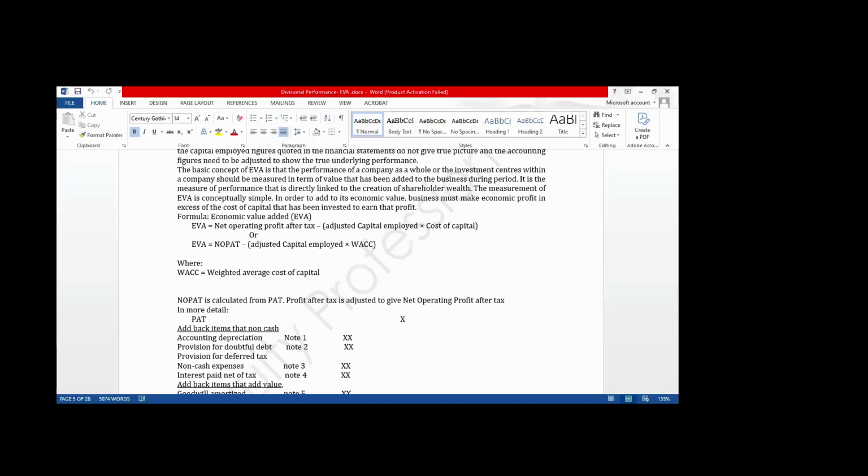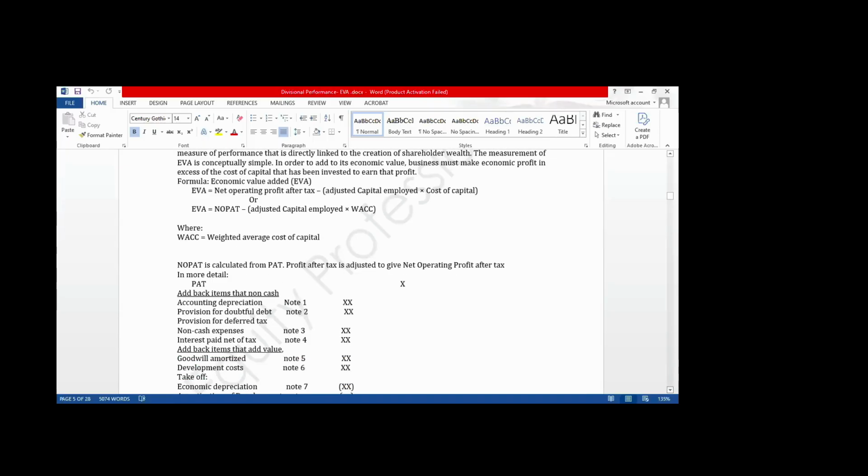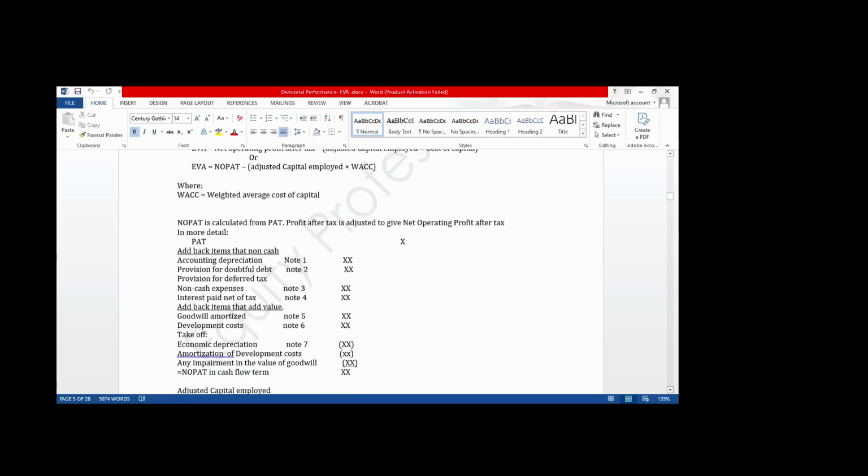To estimate your NOPAT, NOPAT is calculated as follows. One, you are going to pick your profit after tax. Then add back the following items.